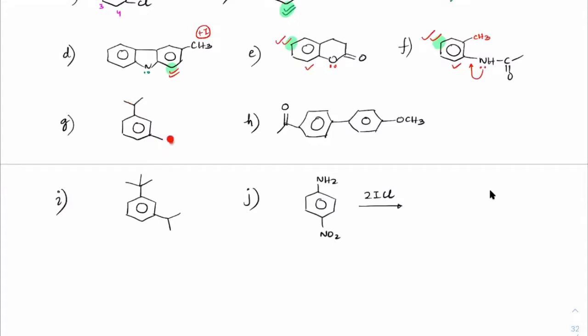Methyl is better because it will have 3 hyperconjugated hydrogens. This has only 1. So this is strongly donating. So with respect to that, we have 1, 2, 3 positions preferable, correct? Now this is a very crowded and bulky group. And should we prefer the ortho position or this or this? We should prefer here because this side and this side is bulky. So this is the more preferred position.